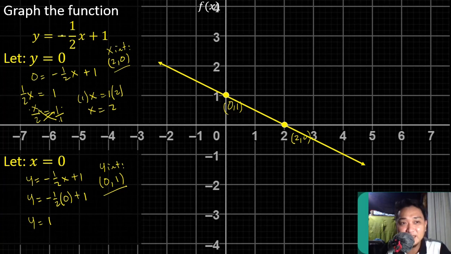So, alam naman natin na negative yung slope, negative 1/2. Kung negative siya, expected na dapat yung line natin pababa. Kaya magugulat ka kung halimbawa, ang naging graph mo pataas samantalang negative yung slope. So, double check po natin. Tama nga, no? Kasi negative nga yung slope. So, pababa siya.